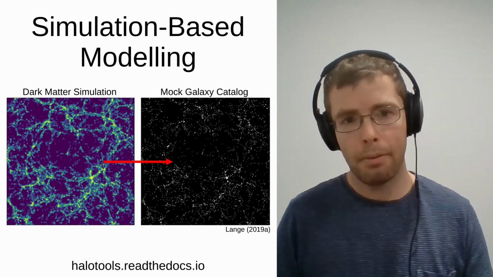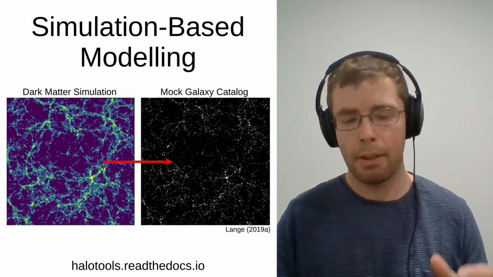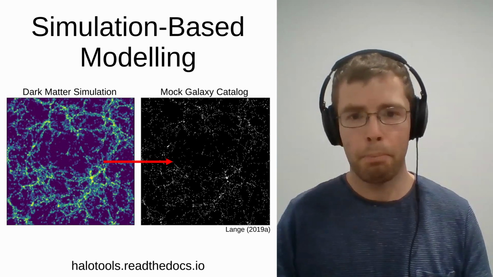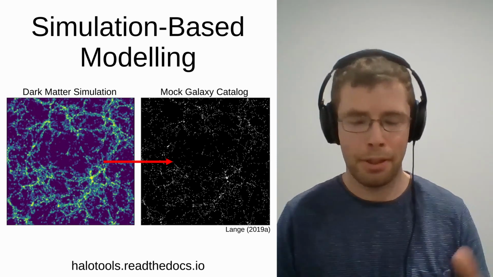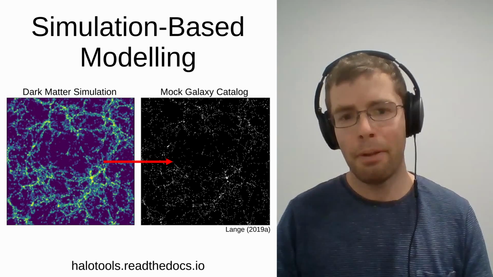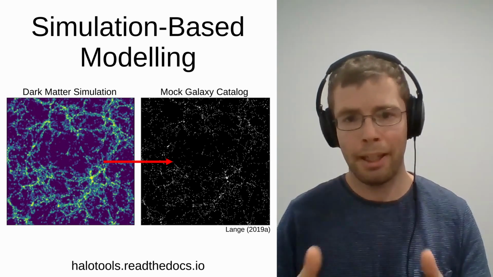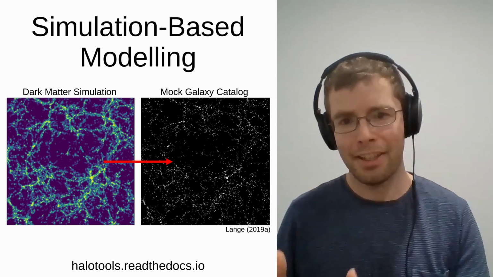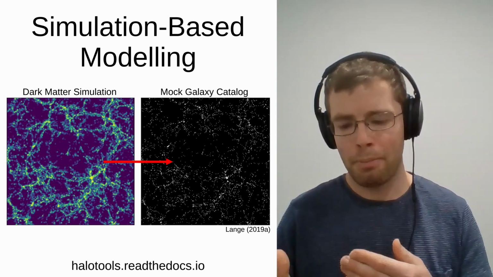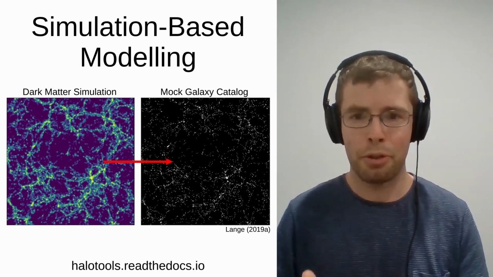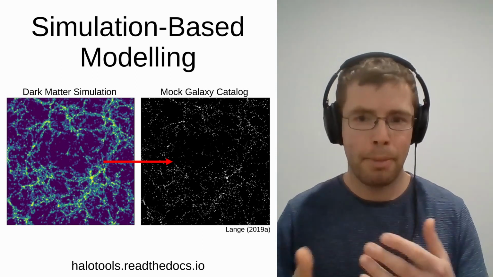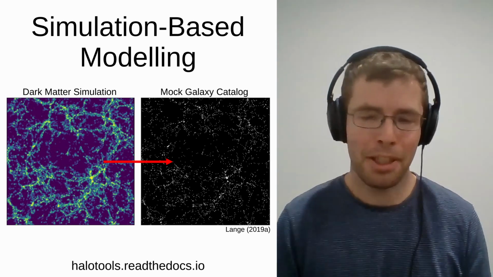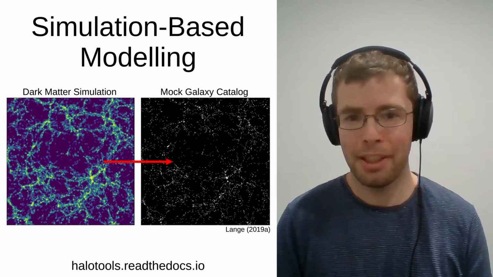So typically, in these types of analysis, you would take some large dark matter simulation and then populate them with mock galaxies according to some recipe, and that recipe is the galaxy-halo connection. And then we have mock galaxy catalogs, which we can use to calculate all these summary statistics like galaxy clustering and galaxy-galaxy lensing, and then basically perform an apples-to-apples comparison to the actual observations, and thereby bypass the need, for example, for some analytic halo model.